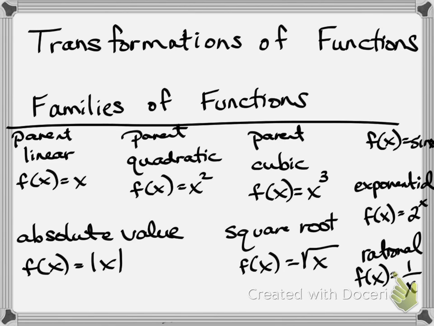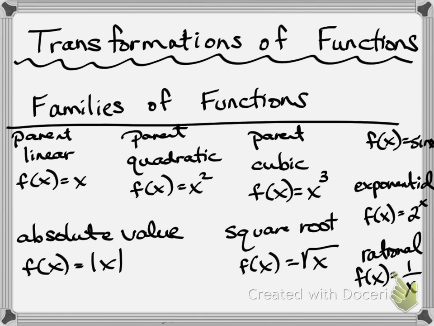So these are just some families of functions, and what's super nice about them is they all behave the same way when we think about transforming them, transformations or changes that we could do to them. So first off, we'll talk about translations. These are slides or shifts.